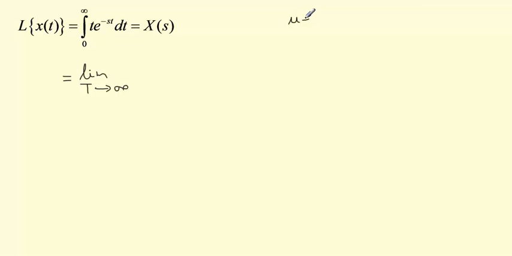Just set u to be equal to t, and u prime equal to 1. And then if v prime is equal to e to the power minus st, then v is going to be equal to e to the power minus st divided by the derivative of the argument, which is minus s.